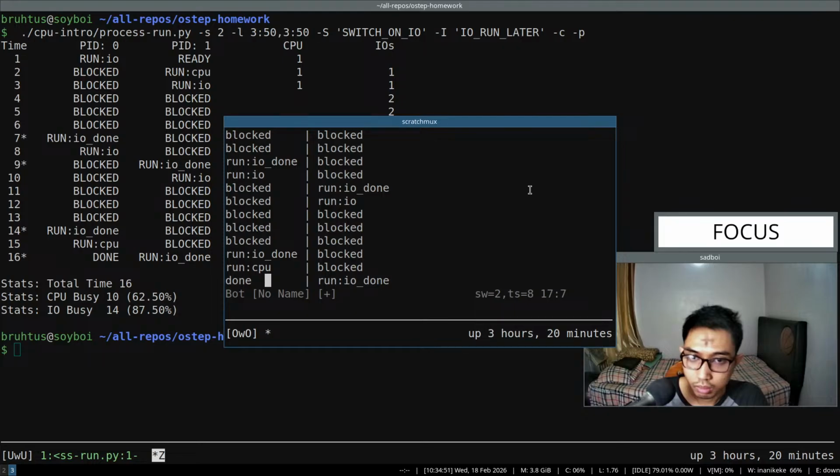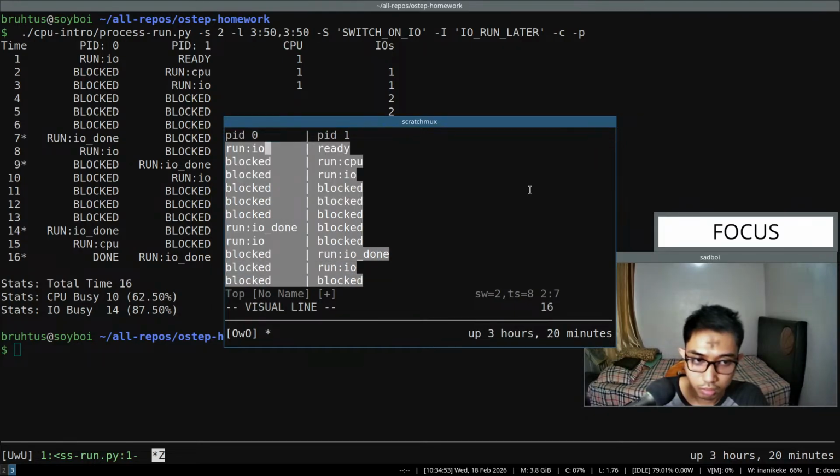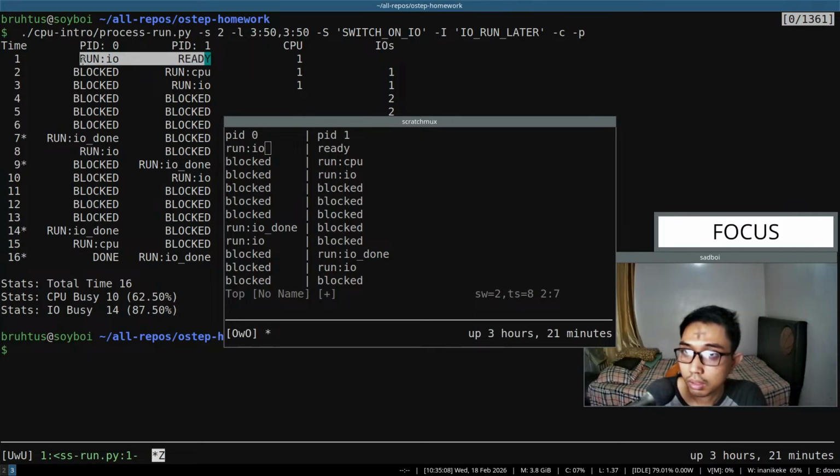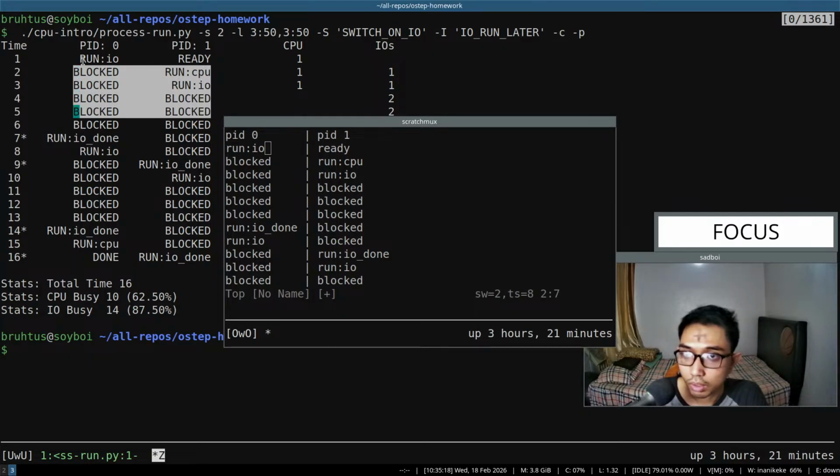Run CPU 16. Okay, let me compare. Run input output ready. Okay. Block, run CPU, run input output, block. See, run IO done.